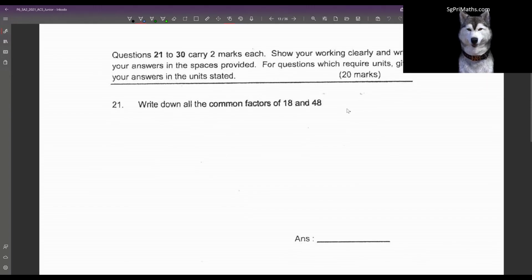Okay, question 21. Write down all the common factors of 18 and 48.